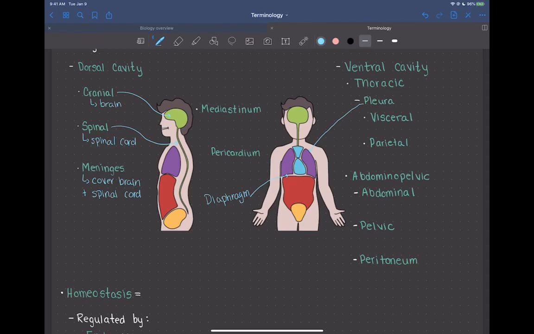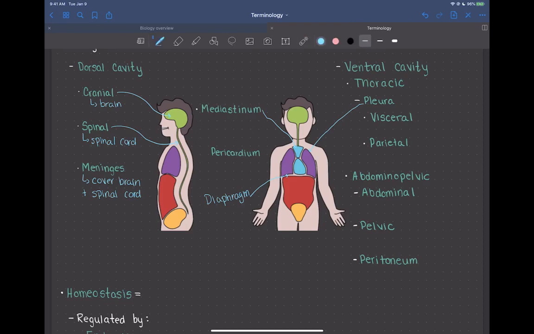And then inside of that thoracic cavity where the lungs are located, we have this mediastinum here. The mediastinum is in the middle, in between those separate structures for the lungs. It contains the heart as well as the esophagus and the trachea and some major blood vessels that come off of the heart, like the aorta, all located in that mediastinum.